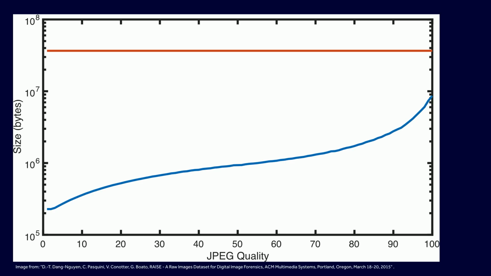One of the interesting things about JPEG, and something that's been copied by quite a few lossy compressors since, is it has a sort of knob called quality. It's got a quality knob, which when you're encoding, you can turn. So what this graph shows in the red line is the size of an original image. I'm going to show you that image in a moment. And then the blue line is the size of the compressed image as I, if you like, turn the quality knob down.